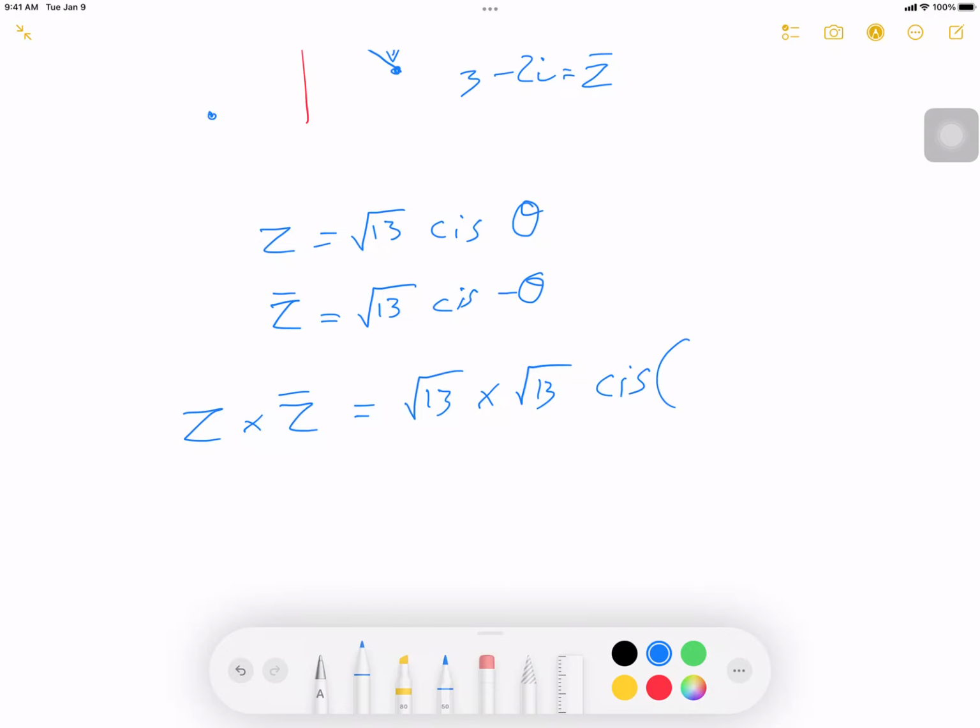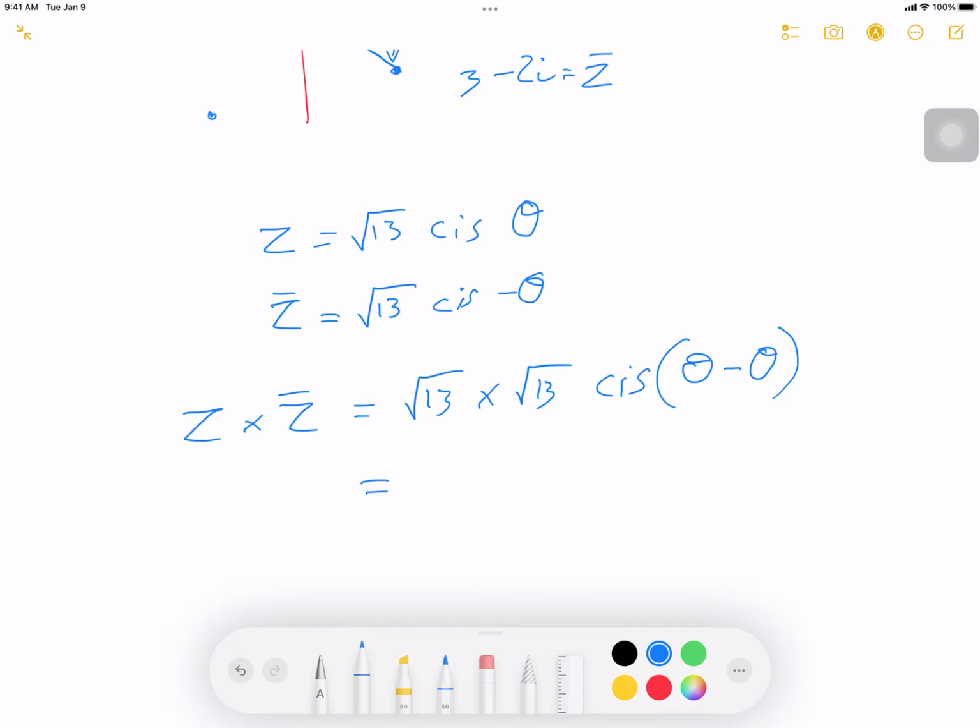We're going to add them together. Okay, that goes back to the very definition of how you multiply polar numbers. So when you multiply polar numbers, you multiply their magnitudes and you add their arguments. Okay, make sure you write that up.